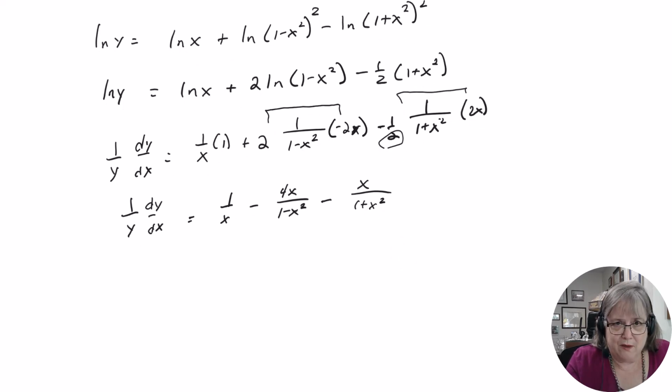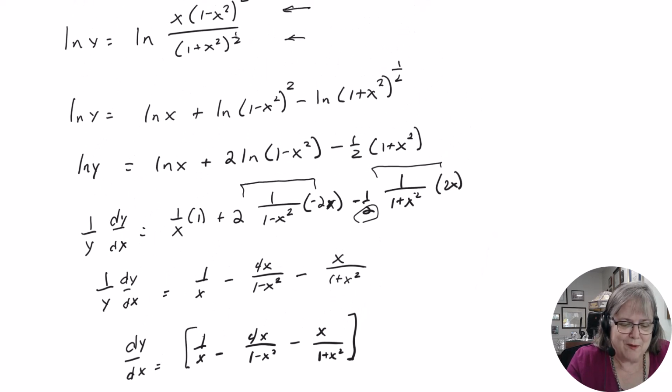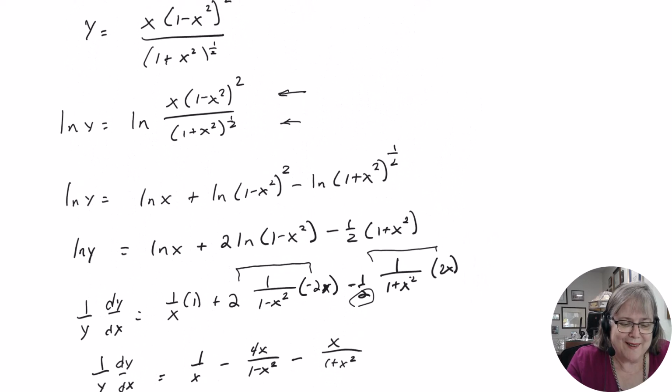Now, do you know what we're going to do next? Yep, we're going to multiply both sides by y. So we have dy dx is 1 over x minus 4x over 1 minus x squared minus x over 1 plus x squared, all times, and then you look back up there and go, wait, what was y again?